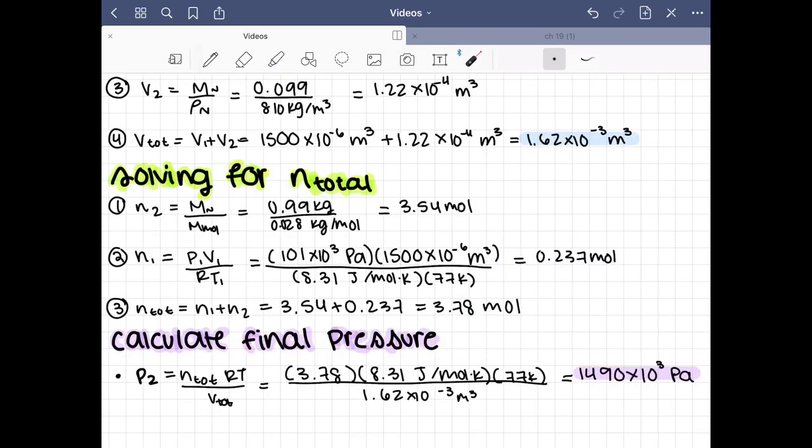Now I can finally calculate the final pressure since I have all the values that I need. So I just plugged in the total number of moles, the ideal gas constant, the temperature, and the total volume. So I got that the final pressure is going to be 1,490 times 10 to the 3rd pascals.